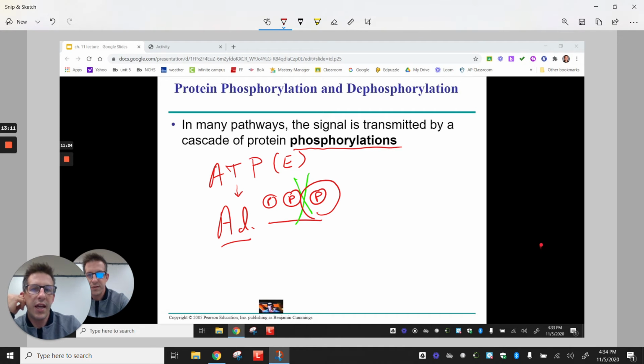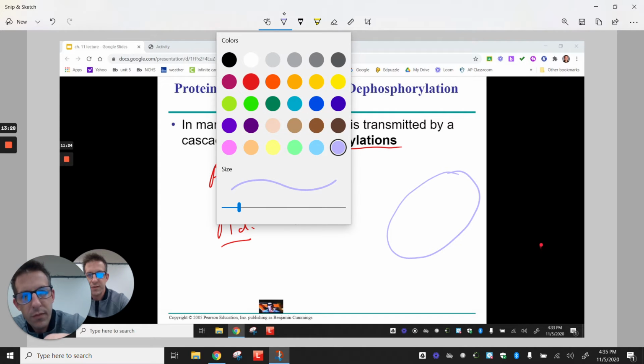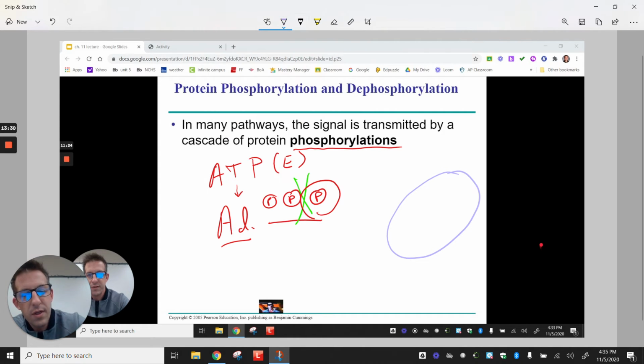And in this case, when we talk about the sequential activation of proteins, we can use this energy to activate a protein. Okay, so let me go ahead and draw a protein. I'm going to draw it in purple because a lot of the proteins we see in our book are shown in purple. Okay, so that is a protein, and we want to activate it. And so when we activate a protein by phosphorylation, we use ATP, we chop off the phosphate group.